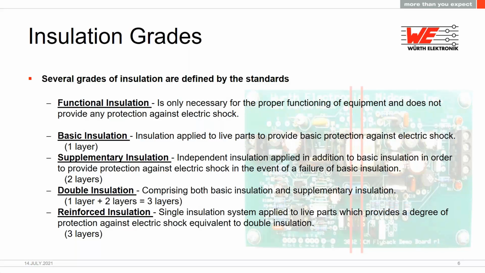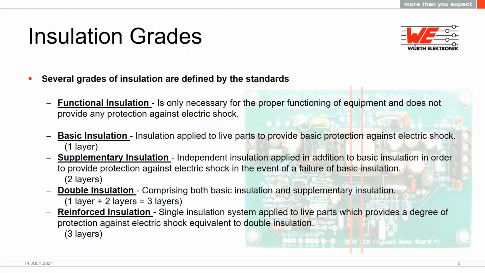The next level up after basic insulation is supplementary insulation. The safety standards generally require the same 2 to 4 millimeters of distance between the primary and secondary. And the dielectric voltage is also generally in that same 1500 to 2500 volt range as is required with the basic insulation.